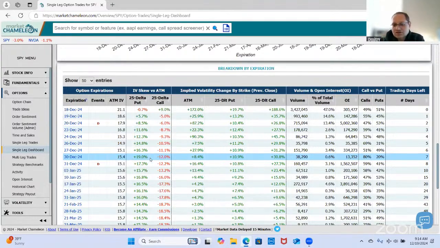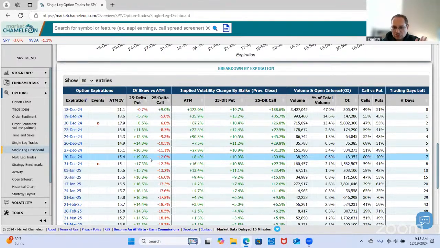So this shows us that the skew is increasing to the downside, as the strikes go down, and the implied volatility is decreasing as you move up in strikes to the 25 delta call. So we could get a sense from those two numbers what the skew looks like.